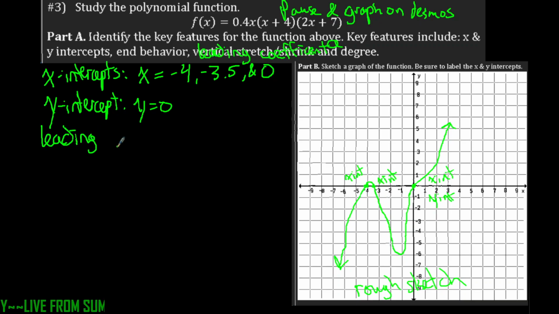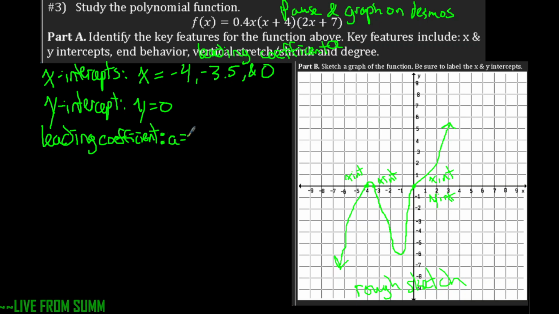What's that value at the front? So leading coefficient, let me put the colon there. We're going to say A is equal to that front value right there. We're going to say A is equal to 0.4, which is also positive.